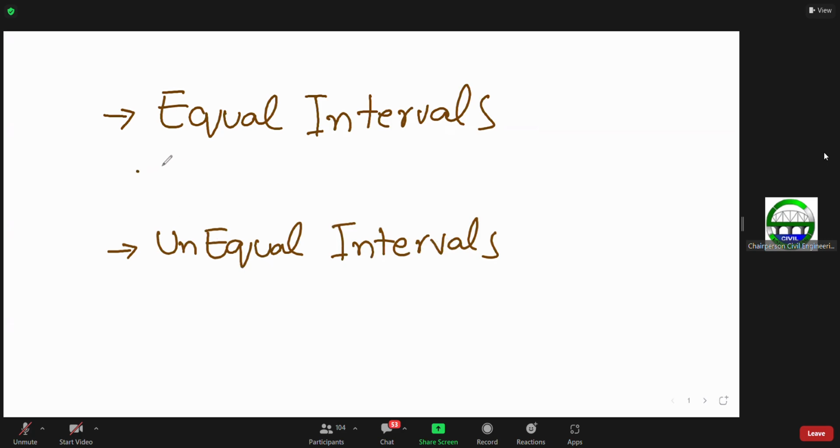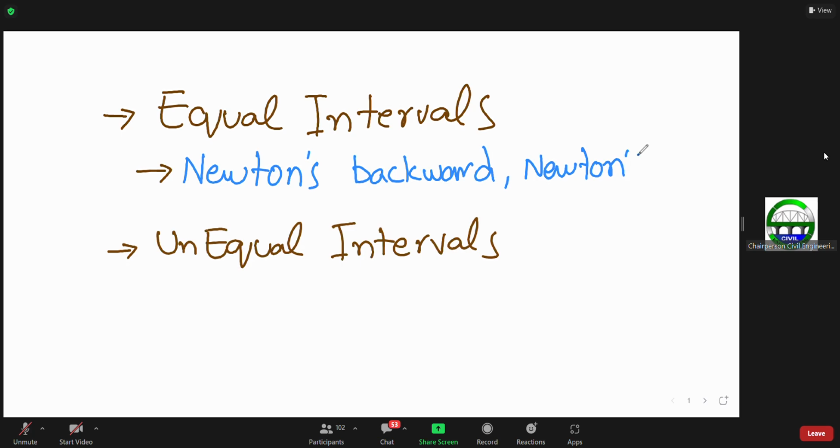For equal intervals, we will study two formulas: first the Newton backward formula, and second the Newton forward formula.